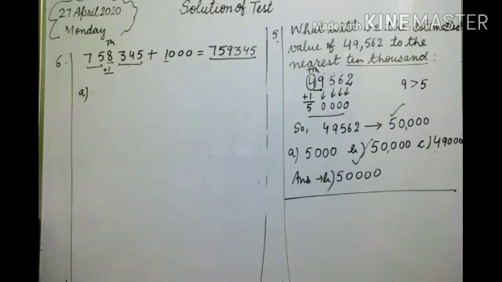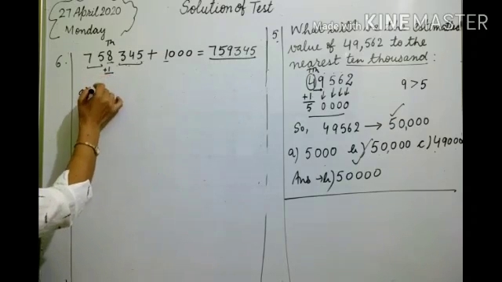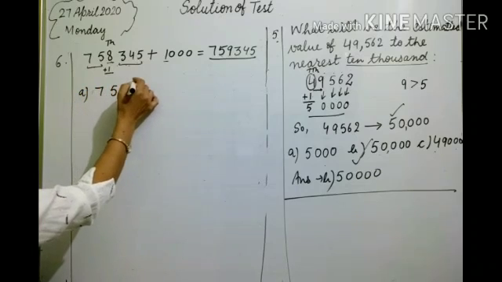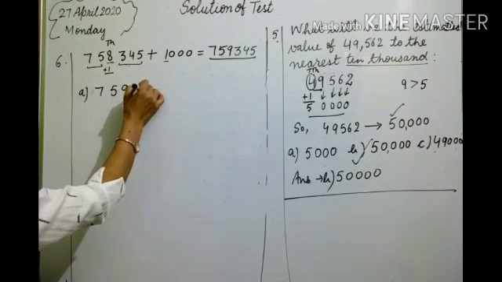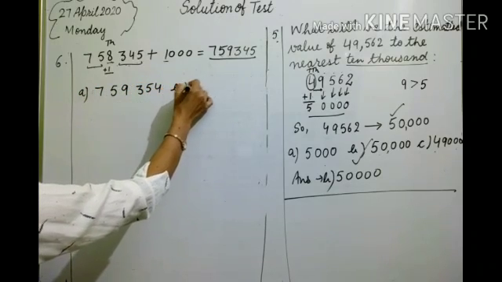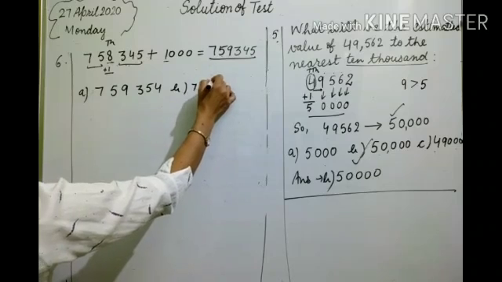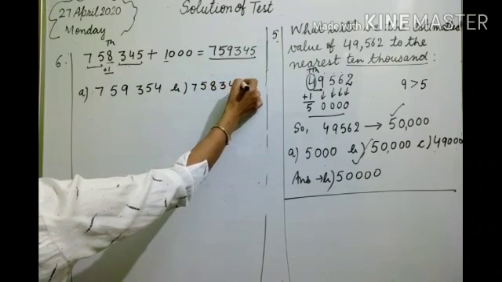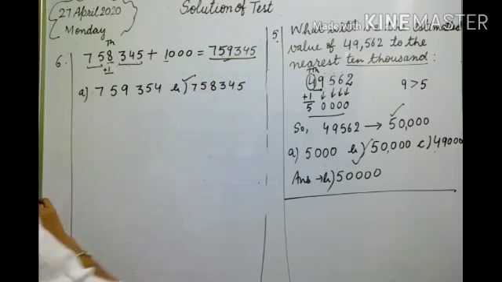Which options? The options are 7,59,354, 7,58,345, and our answer matches to B option.